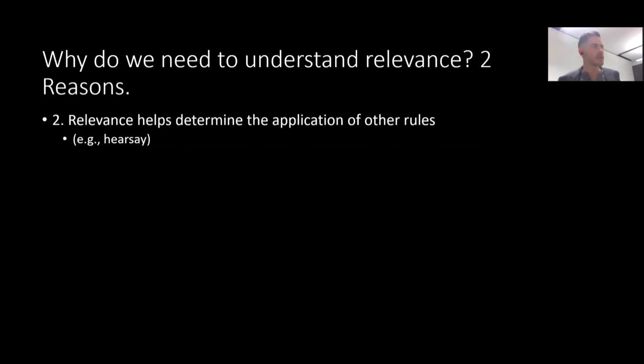Now, the other reason I think we need to understand relevance is that it helps us determine the application of other rules. So when that party who bears the burden of explaining the relevance of this evidence does that, they have to explain how this evidence is going to be used. What is the relevant use of the evidence?